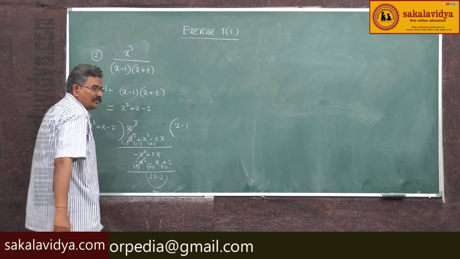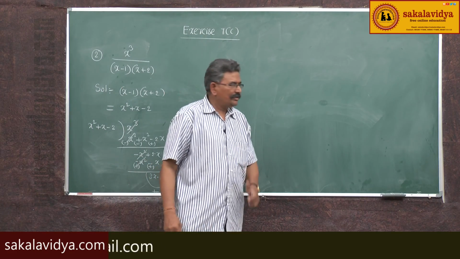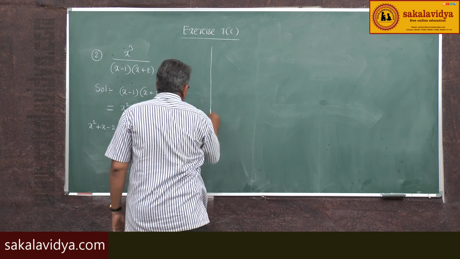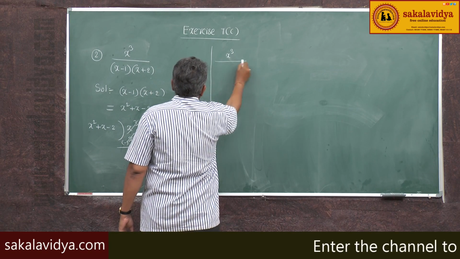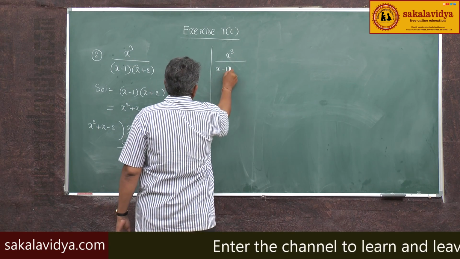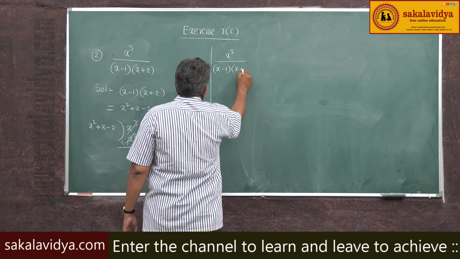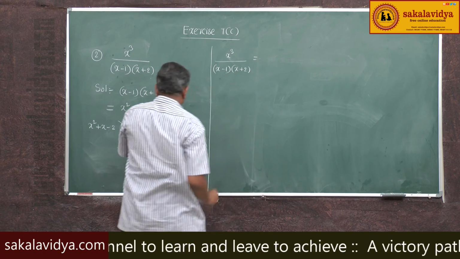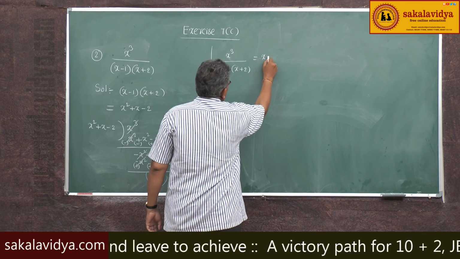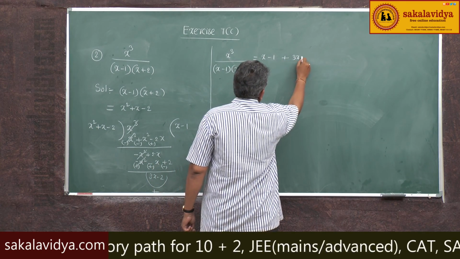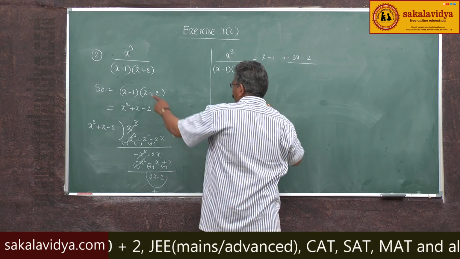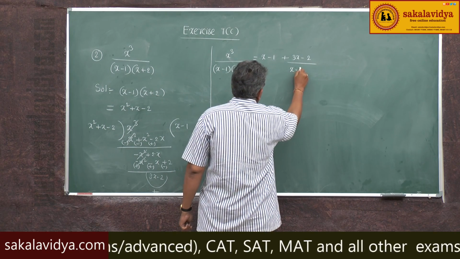So, using the division algorithm, this can be written as x cube by x minus 1 times x plus 2 equals x minus 1 plus 3x minus 2 divided by x minus 1 into x plus 2.